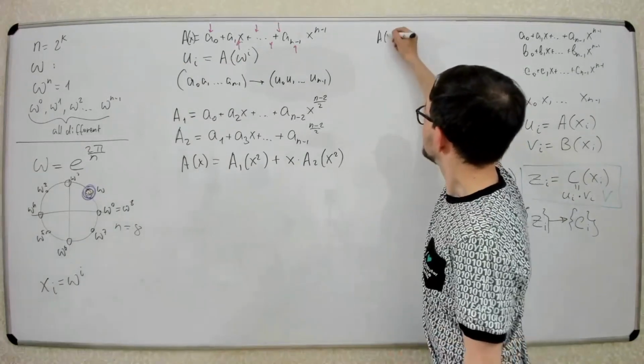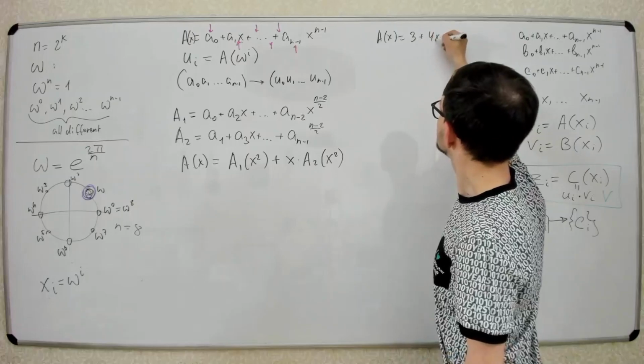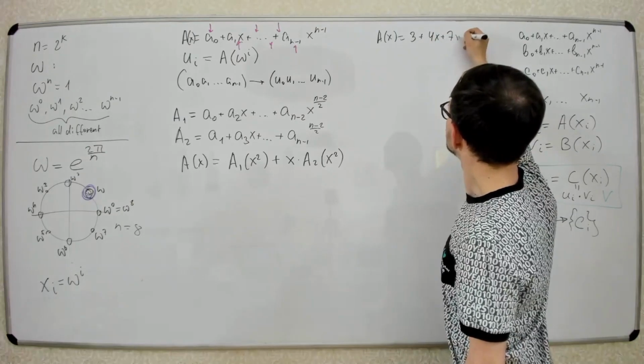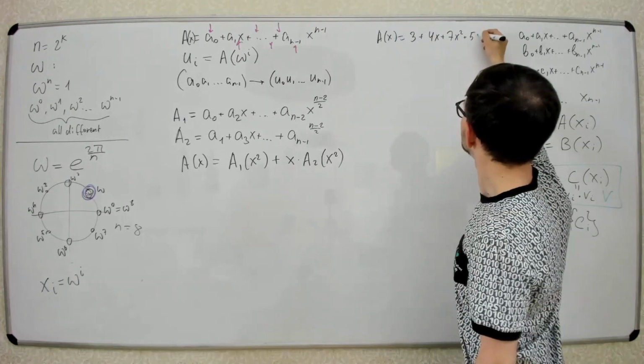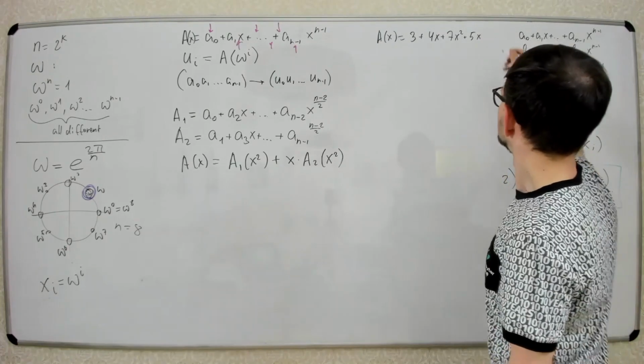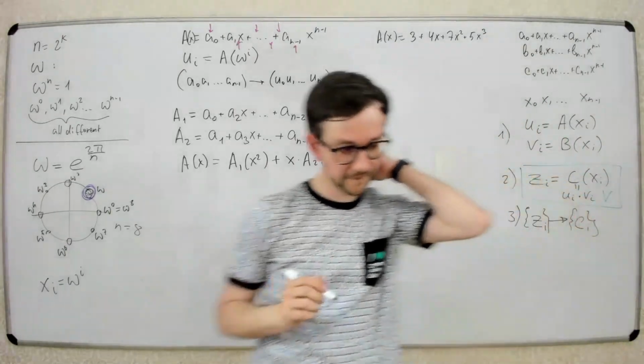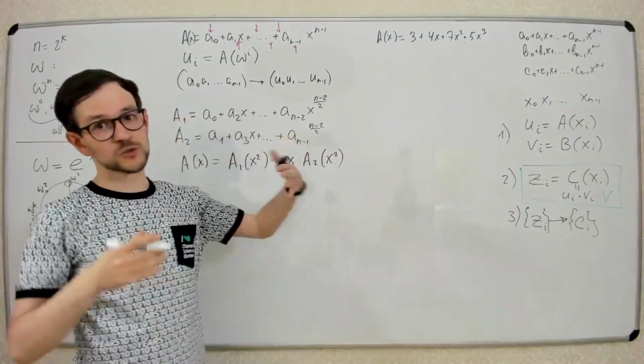So let's say polynomial a is something like 3 plus 4x plus 7x squared plus 5x cubed. I want to split it into polynomials.